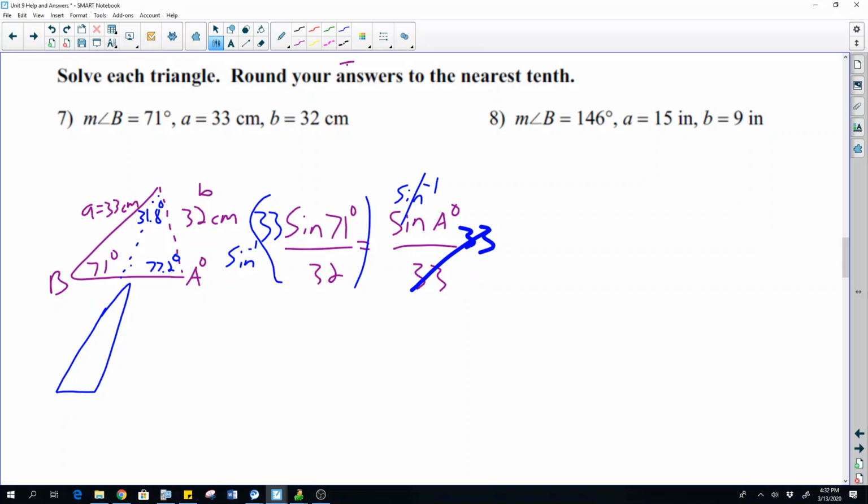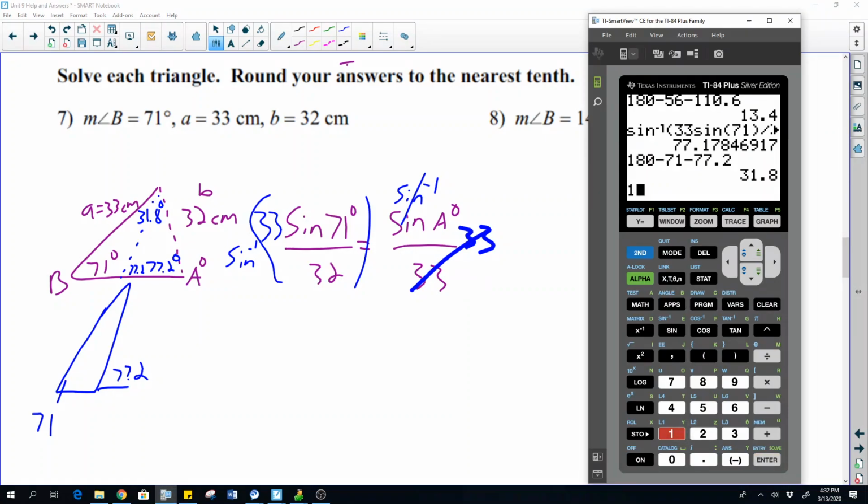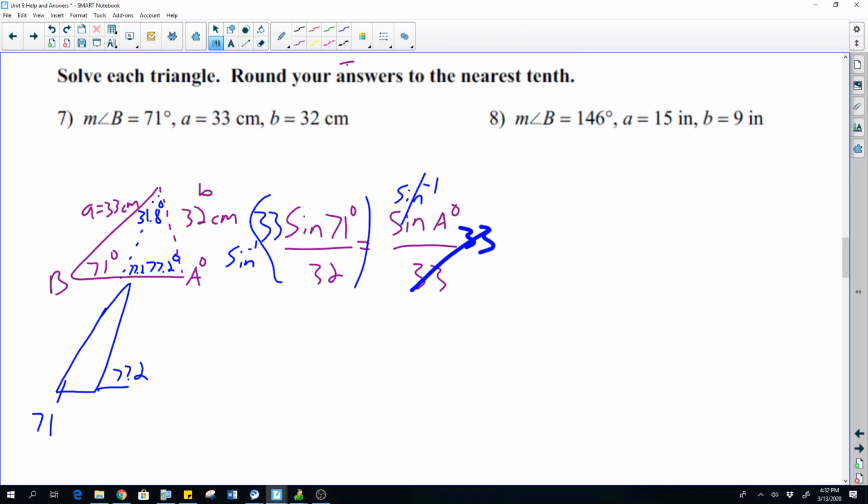If that's 77.2, and this is 71 degrees, we do 180 minus the 77.2, and so we have 102.8. So here's another triangle, 102.8 degrees.